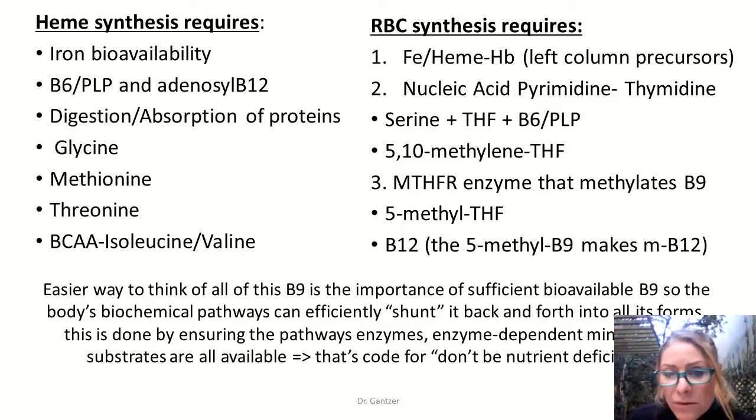So your 5,10-methylene will get acted on by your methyl tetrahydrofolate reductase. However, it is also the form of tetrahydrofolate that is going to allow for the nucleic acid synthesis into thymidine. So if you don't have enough B9, you cannot have the 5,10-methylene to synthesize thymidine.